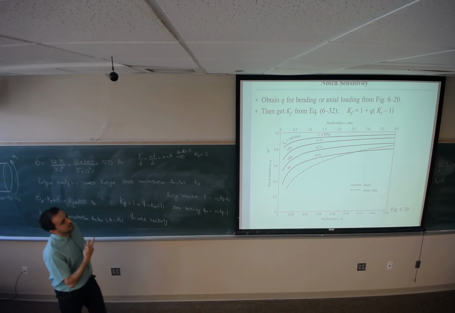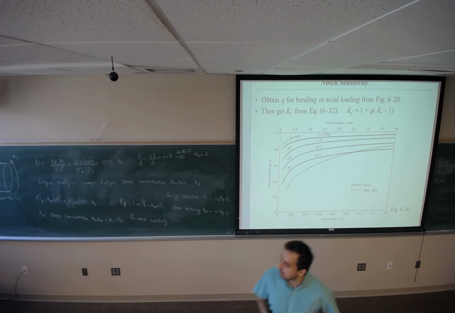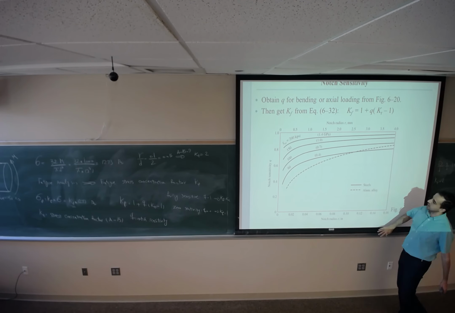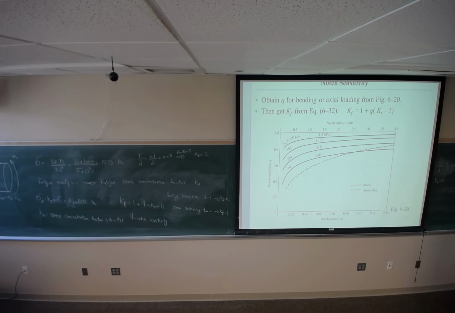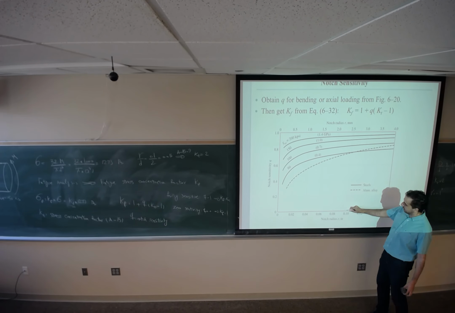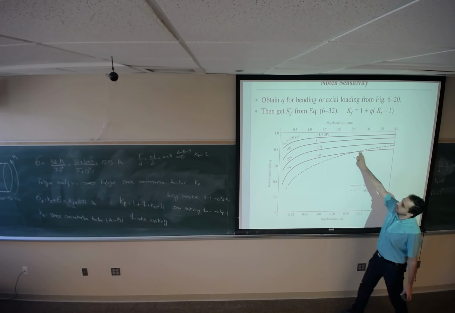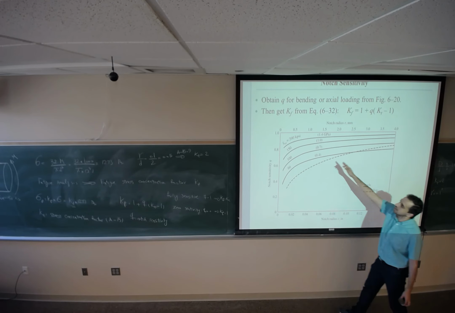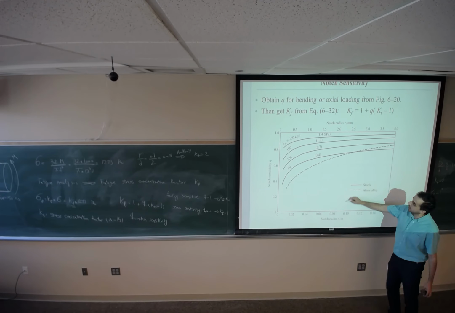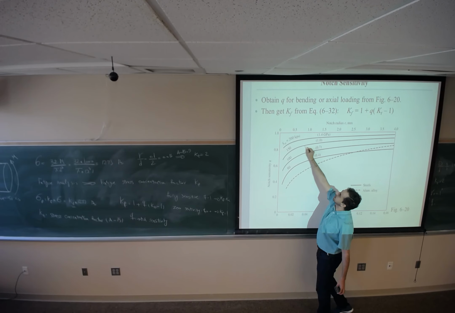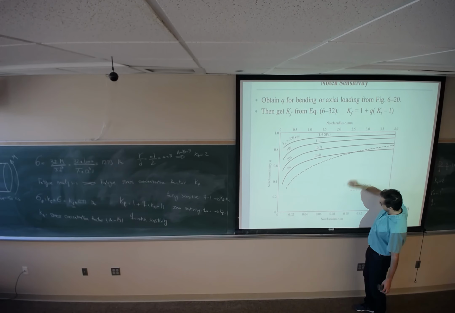There are two ways that you can find Q. One is looking at this figure 620. Whatever is the notch radius in inch, in this case R is 0.1 inch, somewhere here. And depending on the ultimate strength of the material, find the value for Q. 0.1, it's 150 kpsi, it's going to be somewhere here. 0.1 is coming up.